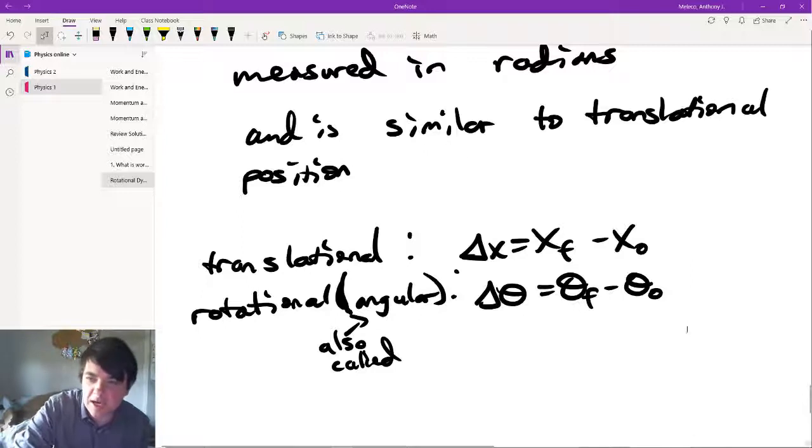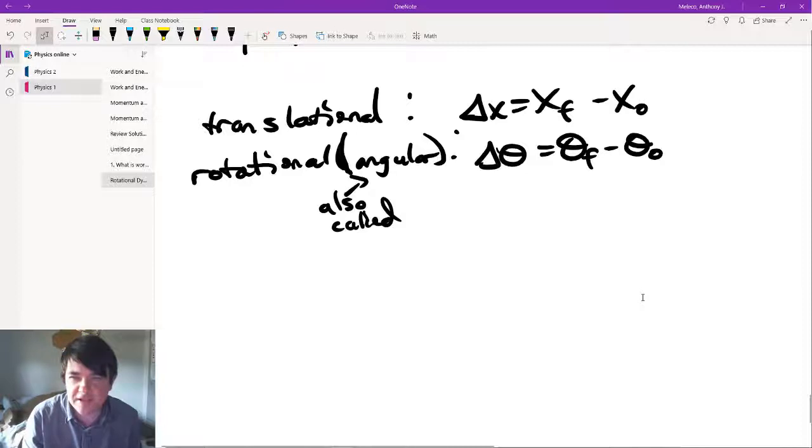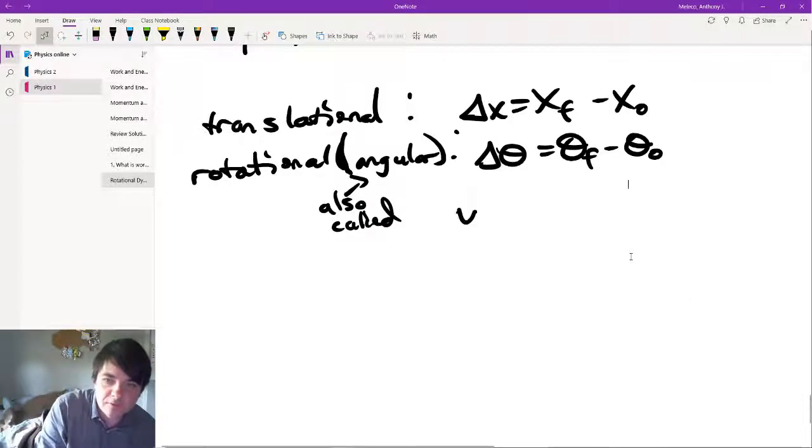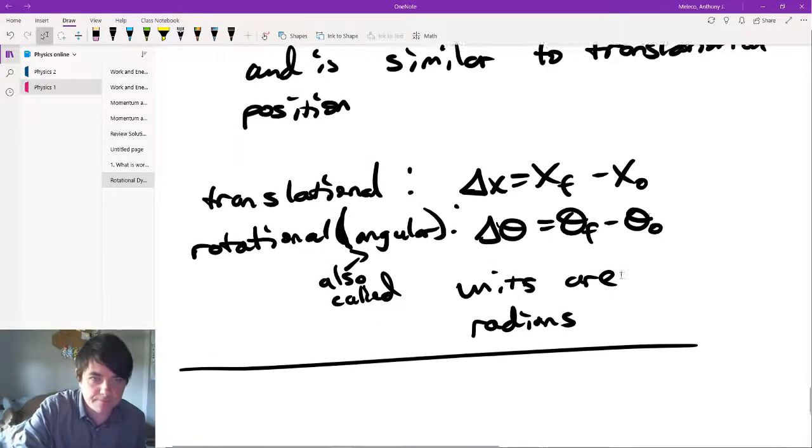You may also see I as opposed to O. I kind of interchangeably use those again. O's a little bit easier to write. These units are radians. Okay, so that's position covered.